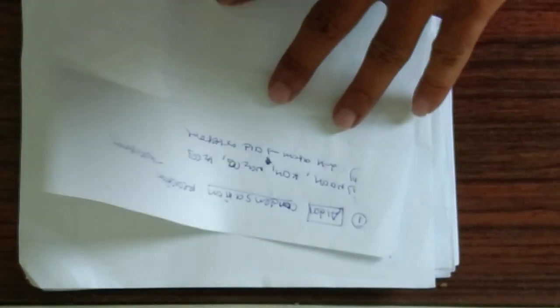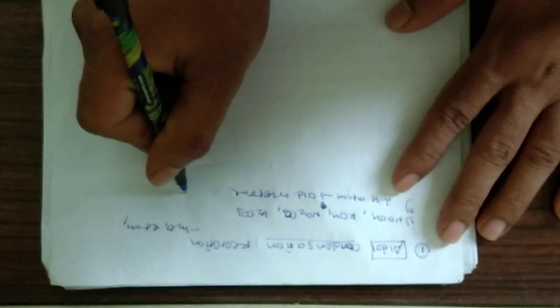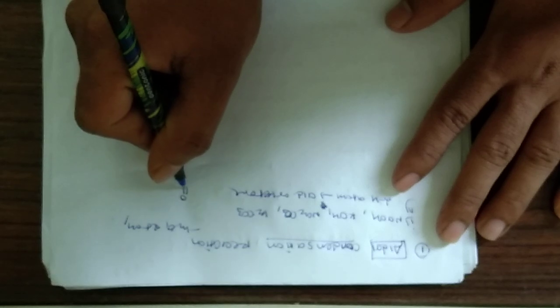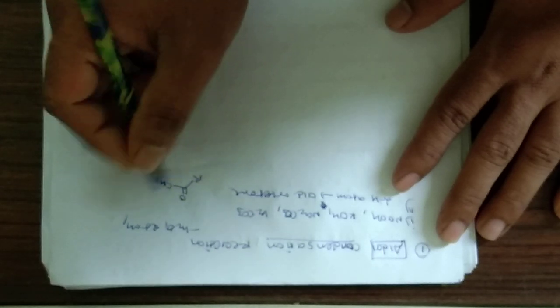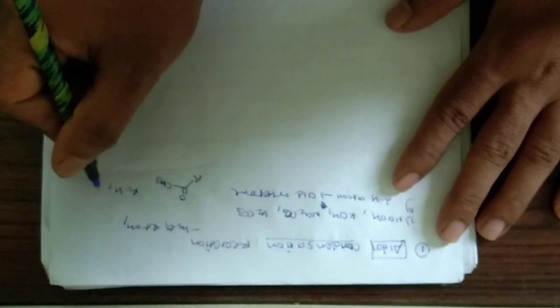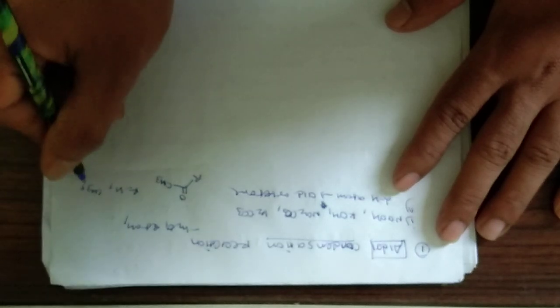So first, what is an alpha hydrogen atom? Let me draw here any aldehyde, where R may be H, or another alkyl group like CH3, CH2CH3, whatever it will be.